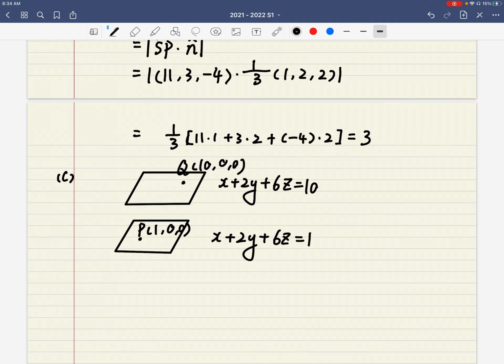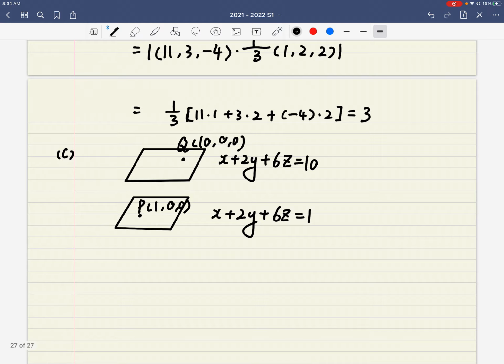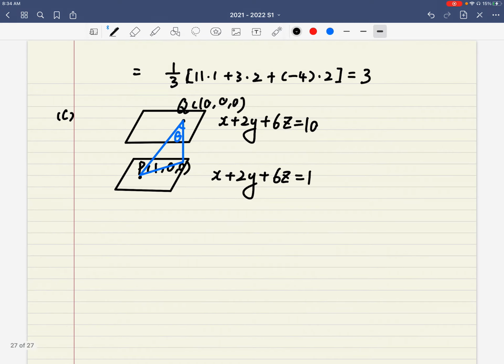Then it's changed to part B. If you want to derive the formula again, you can do it by yourself, but it's the same as part B. You can treat this as theta, and you can get the normal vector. So the distance, let's just copy it from part B, is the vector PQ dot product the unit vector of the normal vector.